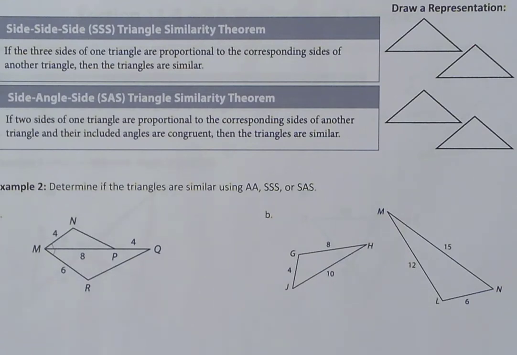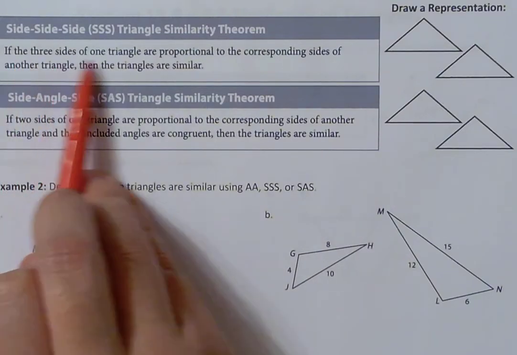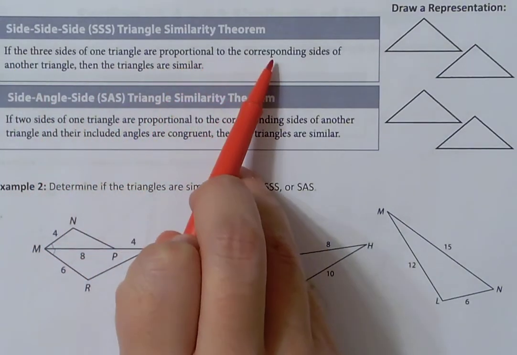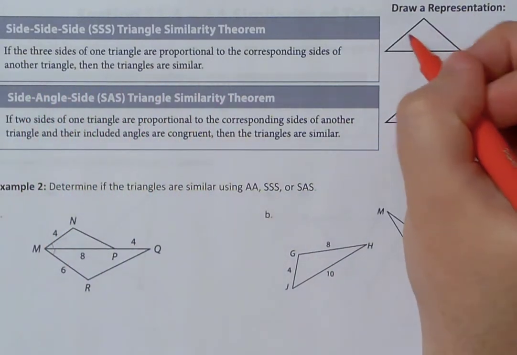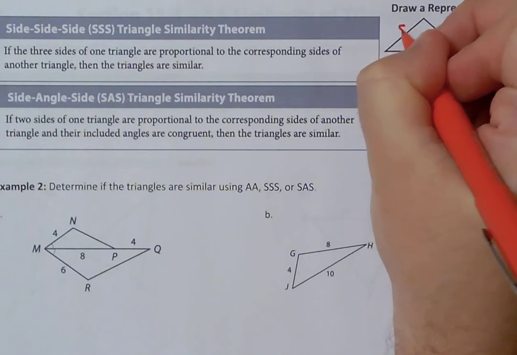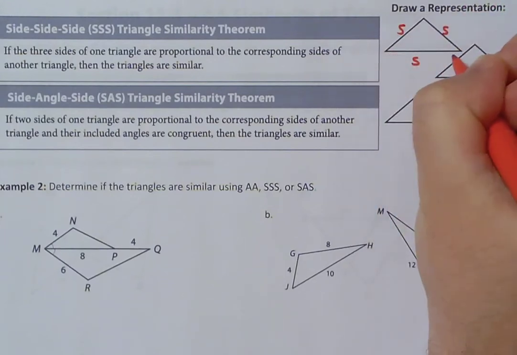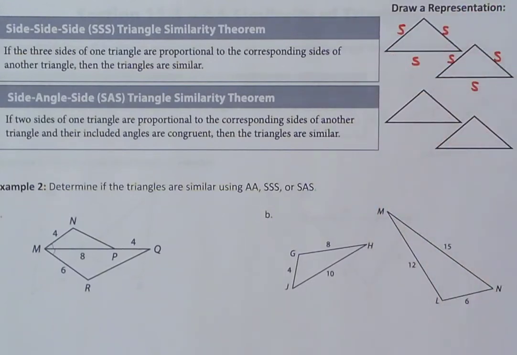It's just that in this case, not all three sides are congruent, yet if three sides of one triangle are proportional to the corresponding sides of another triangle, then the triangles are similar. So instead of being congruent, we need all three sides to be proportional. So that's where you would go through and figure out the proportion for all three sides. If you get the same number for each set of sides, then you know that triangle is similar.